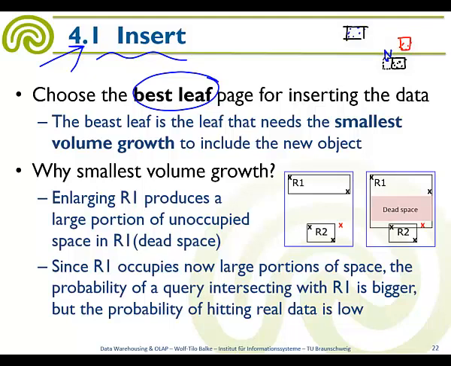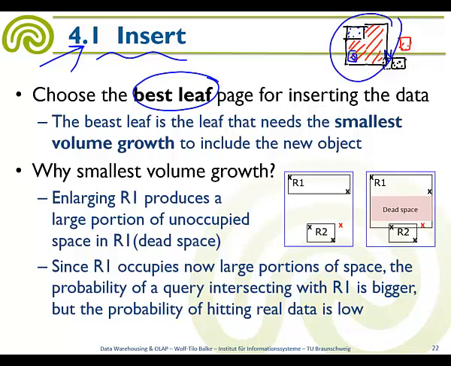Because if you choose this cluster to include this new point over here, then you're creating a lot of dead space, a lot of space that doesn't contain any points. And then you fall into the pitfall of when you get a search query here, you don't know if it actually exists or not, and then you have to traverse the tree and start looking in this branch when it actually doesn't exist.